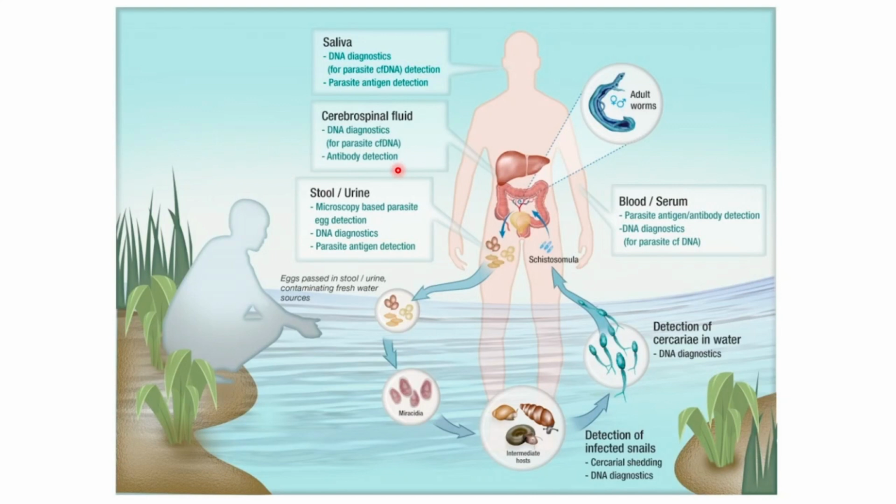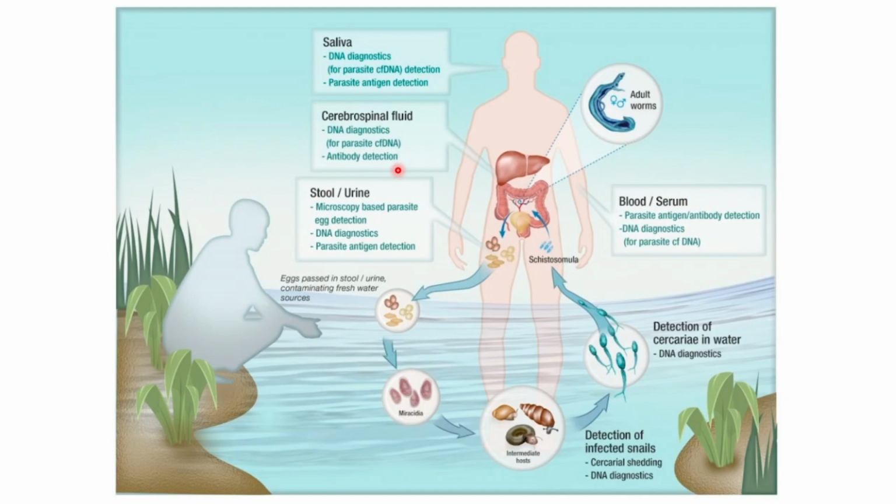And estimates show that at least, as I said, 251.4 million people require treatment, and this preventive treatment, which should be repeated over a number of years, will reduce and prevent morbidity. Transmission has been reported in over 78 countries. However, preventive chemotherapy for schistosomiasis, where people and communities are targeted for large-scale treatment, is only required in 51 endemic countries with moderate to high transmission.